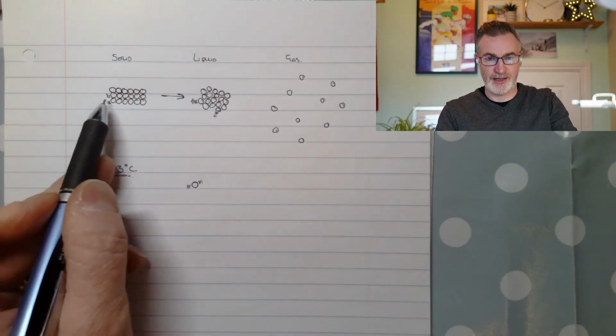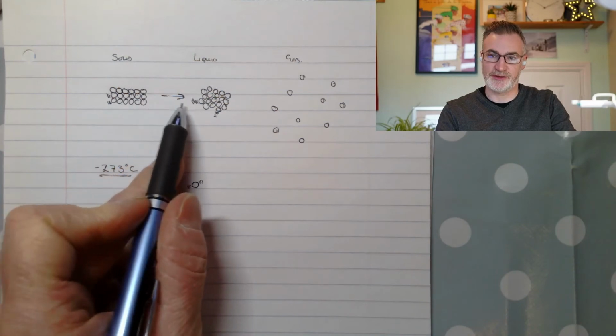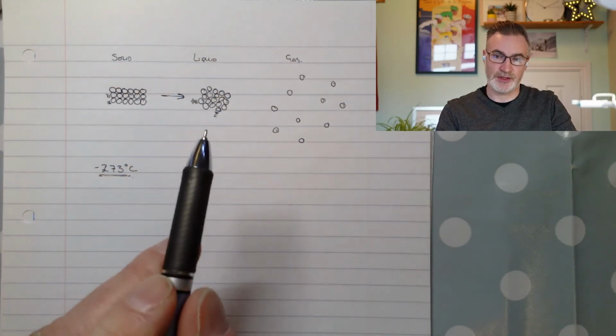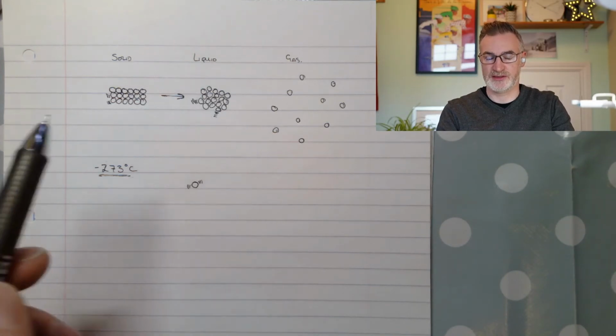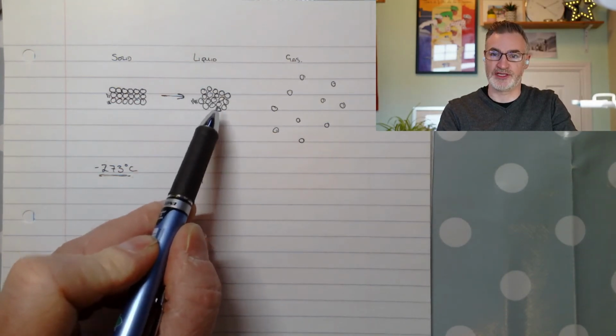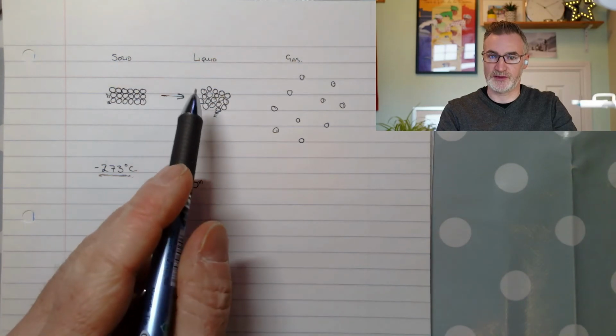Okay, so as temperature increases, the heat energy also increases. When we're talking about heat, we're talking about the energy contained in the particles, and heat energy is the vibrations of the particles involved.